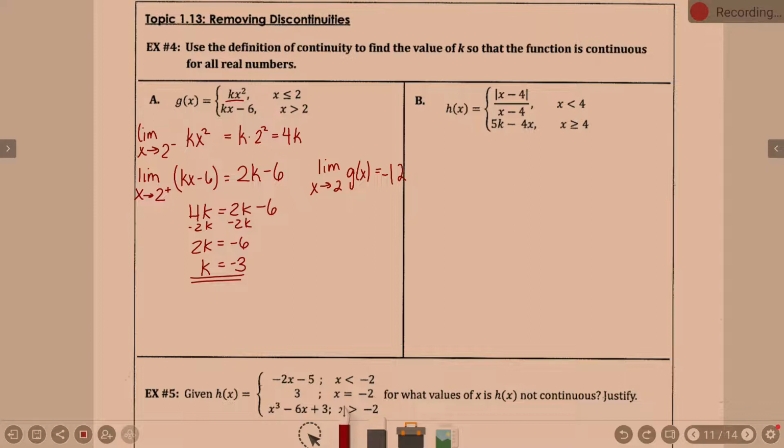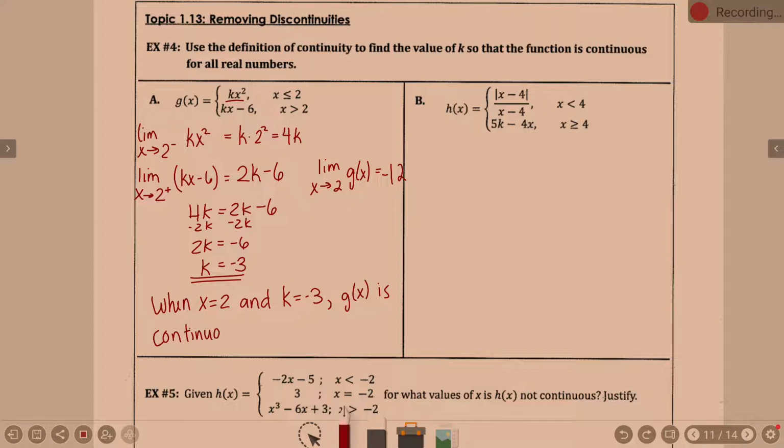Yeah. And so what we are able to say is that when x equals 2 and k equals negative 3, g of x is continuous.